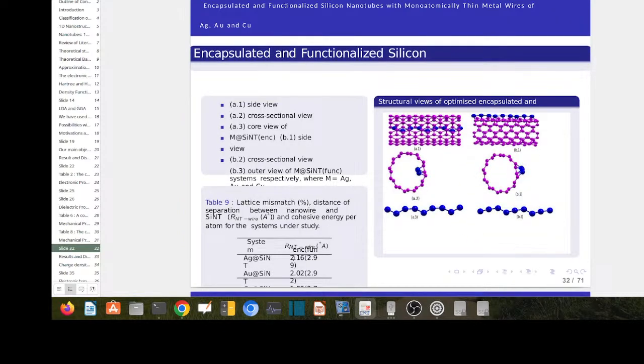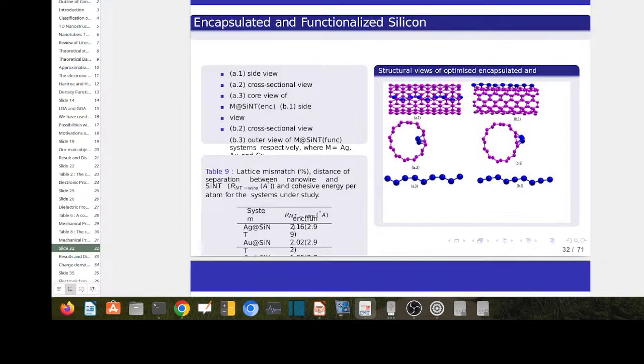Then coming to encapsulated as well as functionalized nanotubes. This is the cross-sectional view as well as the view of the wire, what is happening to the structure after optimization.